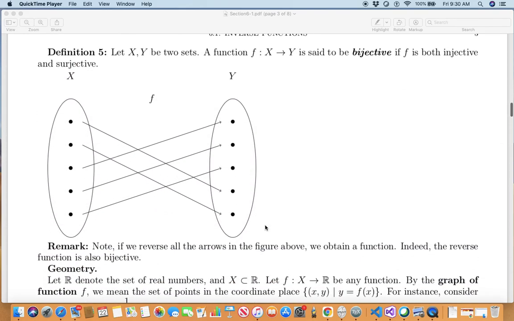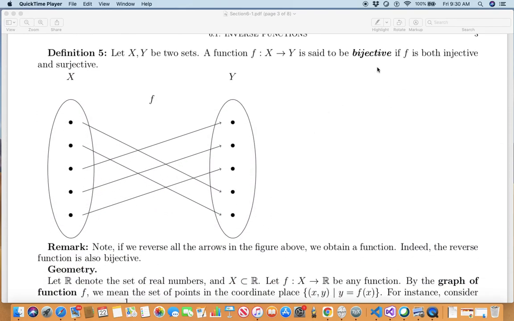Which brings us to the bijective function. What is bijective? A bijective function is a function to begin with. It is both injective and surjective. So f must be a function, that is, every passenger has some unique place to go to.